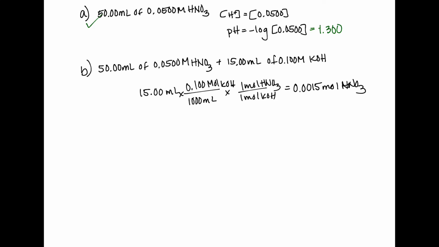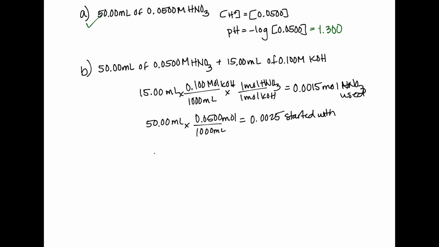Now I just have to subtract that from the moles that I started with. So to calculate the moles I started with, like this, and that's equal to 0.0025. So that's what I started with, and this is used.